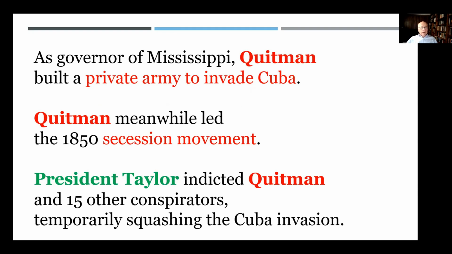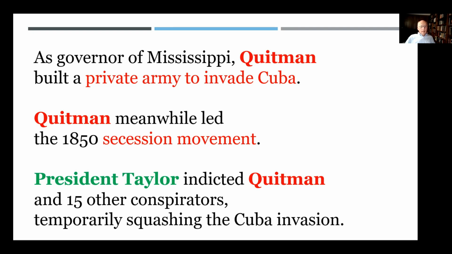He became governor of Mississippi, and he built a private army to invade Cuba. He financed that and gave armaments from the Mississippi arsenal. He was at the same time the head, really the big spark plug of the secession movement 10 years before the final one in 1860.